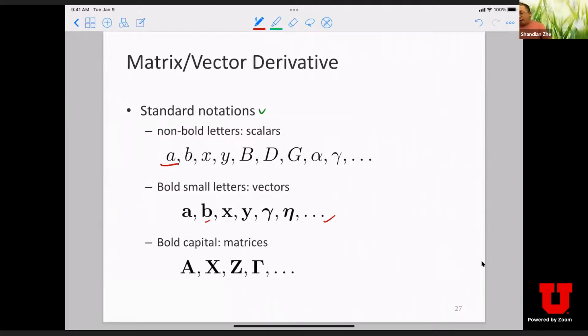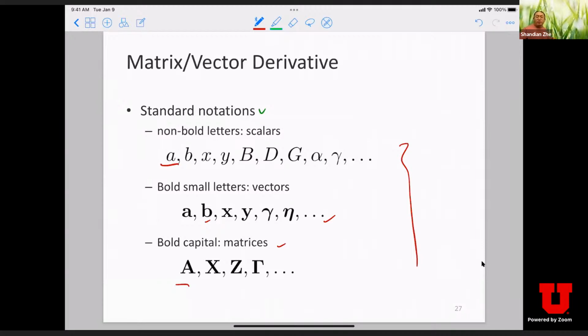And how shall we represent matrices? Please use uppercase letters and bold. In most scientific literature, people use this by default.